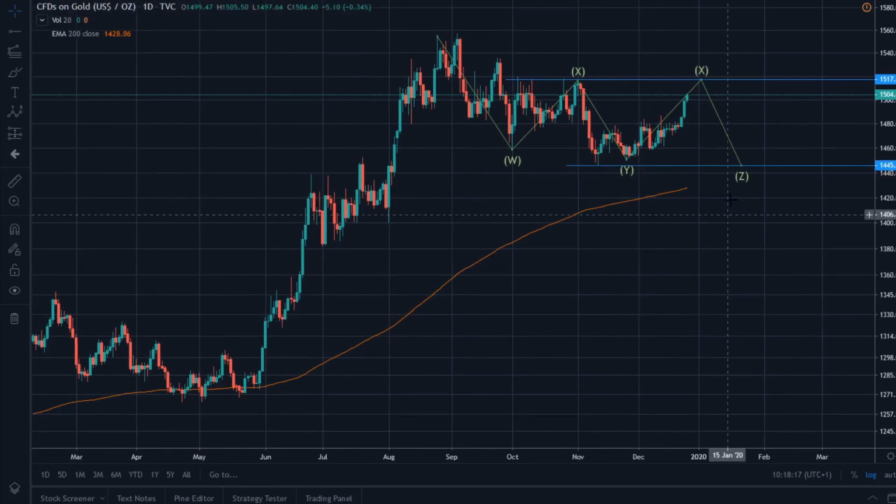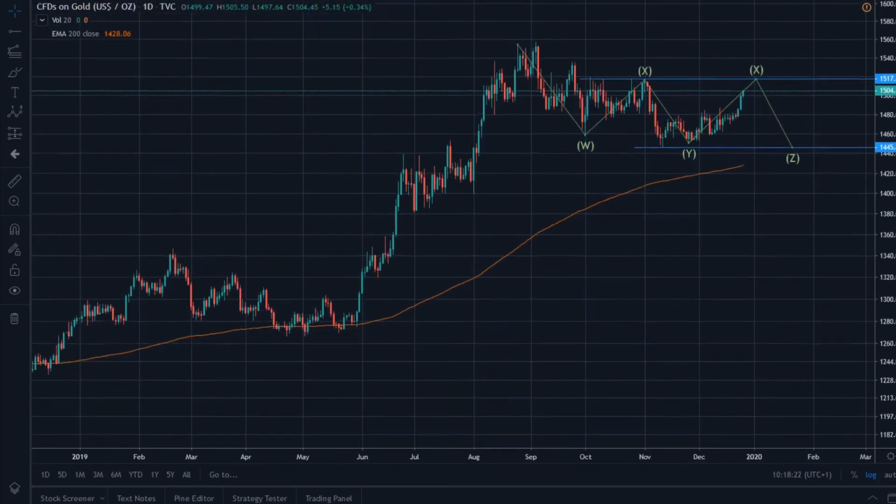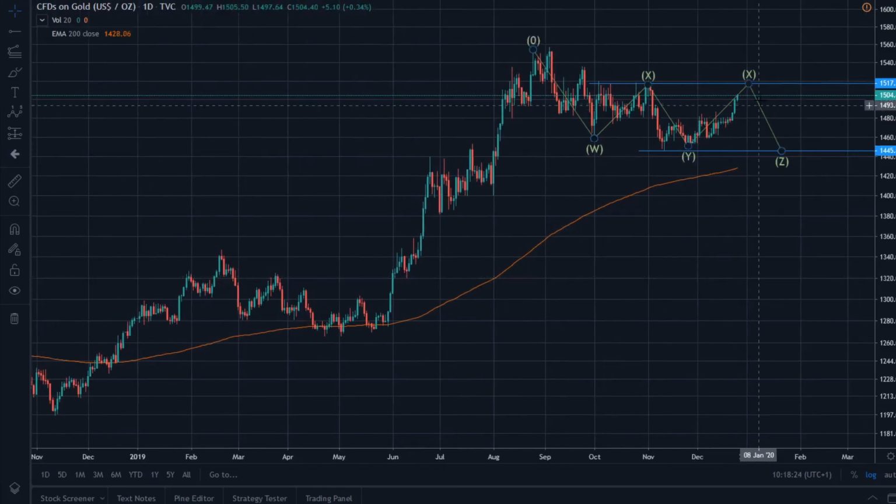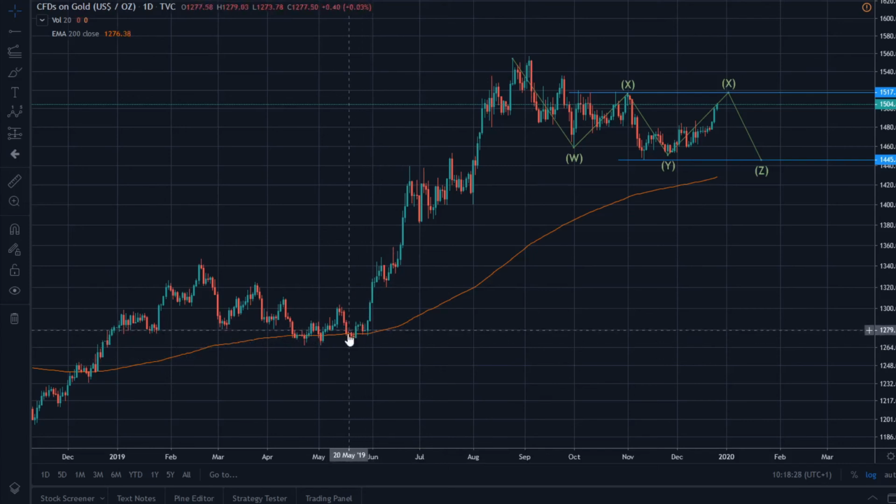And following this, there should be a rally. But first of all, we have to significantly reduce the long interest in gold. Down here at the start of this rally, I think we were at 30 or 40,000 long contracts, and a lot of participants switched to long, and this resulted in this massive rally.